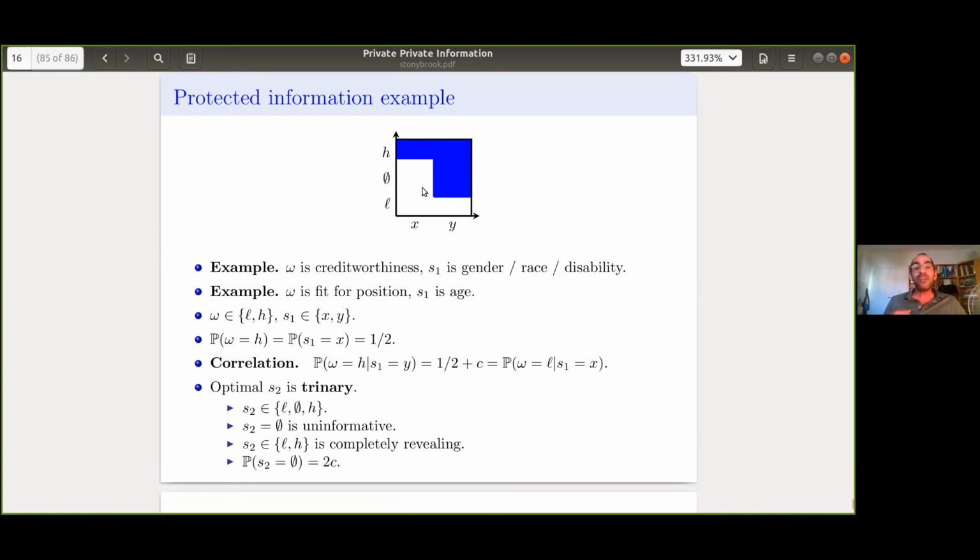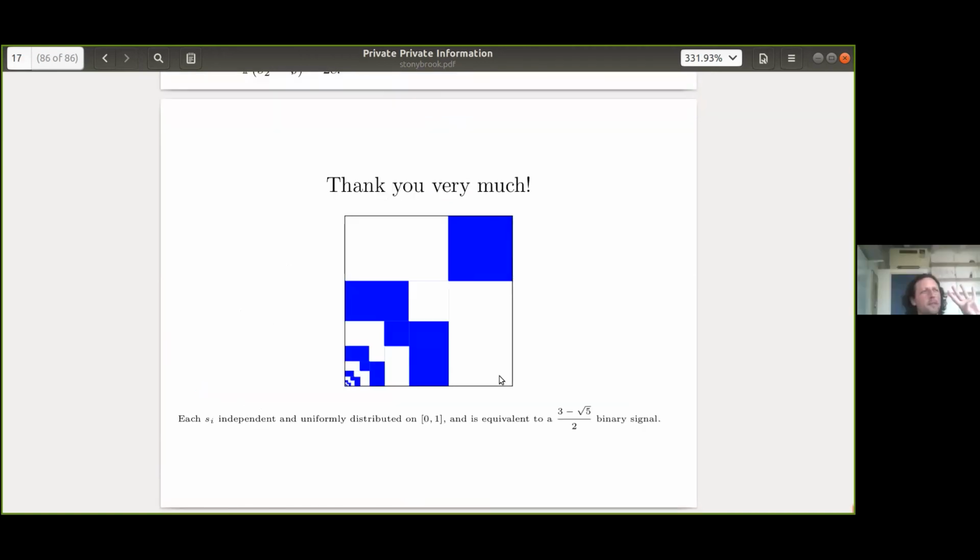And the probability of getting an unrevealing signal is 2C. So the more correlation we have, the more likely you are to get a completely unrevealing signal, to get a trivial signal. The less the correlation, the more S2 can reveal to you about this state, because it's less correlated with the hidden thing. That's all I have.